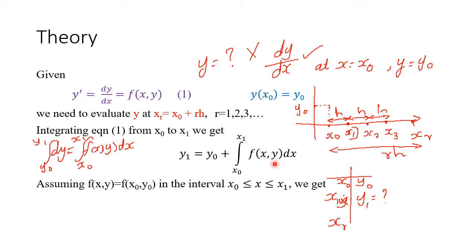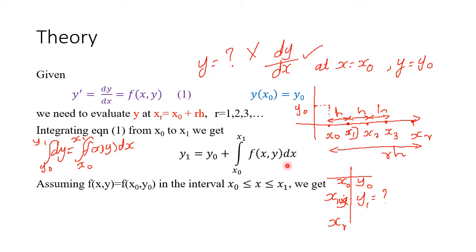What we do is assume that it is a constant in this interval, equal to f of x0, y0. This will not be exactly the case, but if you are considering a very small interval, that means if your h is really small, this is a valid assumption.